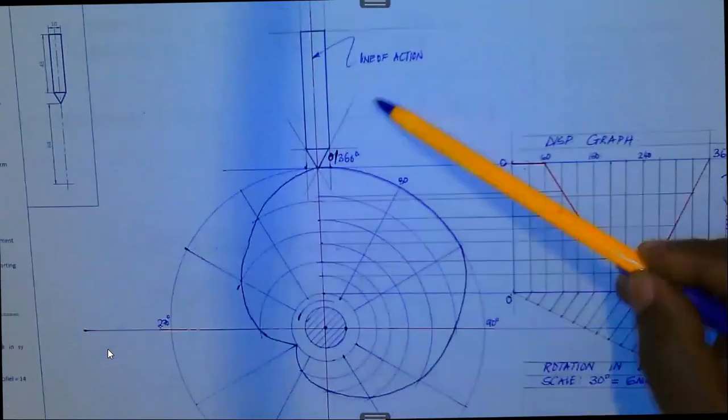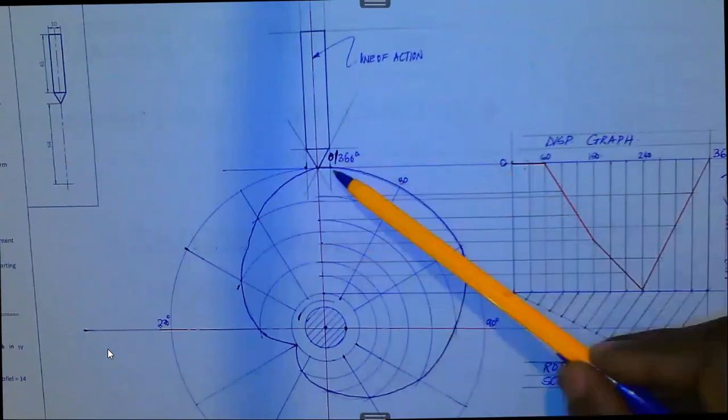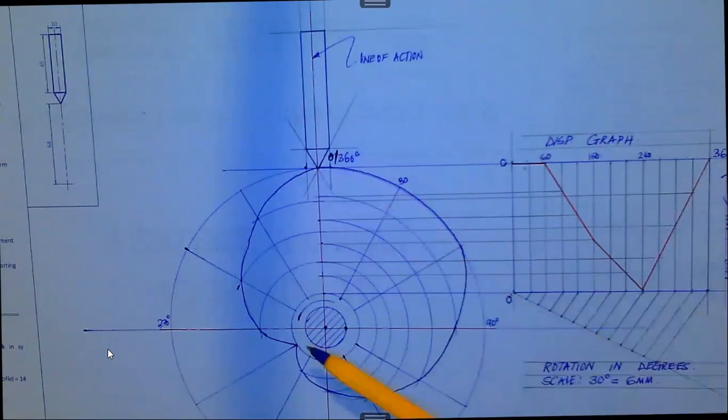It will still maintain that line of action. But what changes now is the pathway it is going to be in contact with the disk cam. So this is a typical example of a cam disk, where you have got to come up with the displacement graph as well as the cam disk itself.